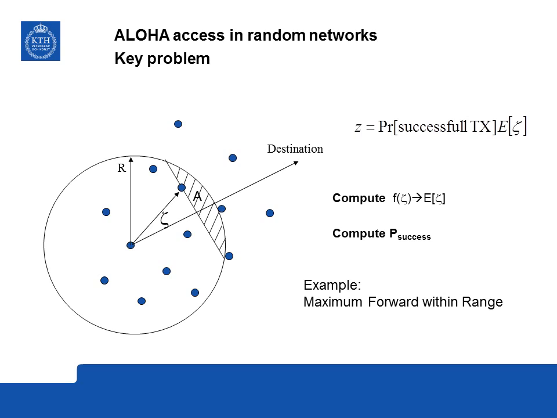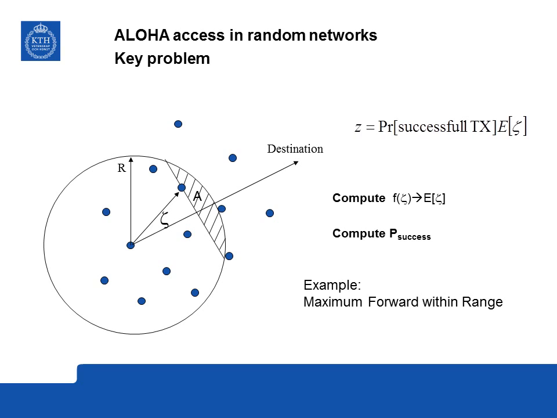So let's illustrate how this works for the maximum forward within range algorithm. Here we have picked the node that is closest to the destination. So this is the node that has the maximum zeta within the range R. And this means that the shaded area marked A here cannot contain any nodes.